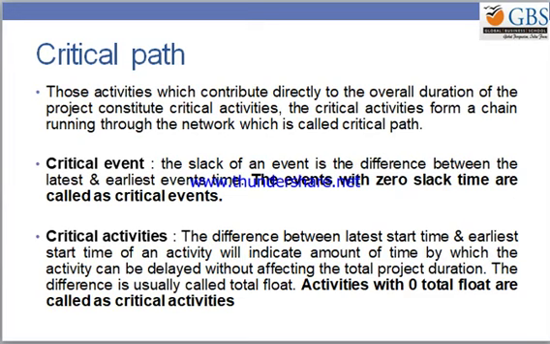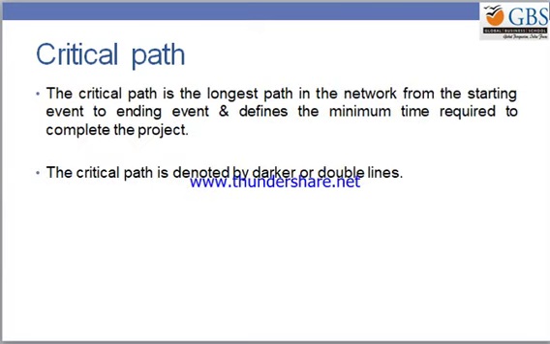Sometimes critical path is also defined as the longest possible path in the network diagram from starting event to ending event. It defines the minimum time required to complete the project. I'll repeat, I wanted the longest path, which is going to tell us the minimum time required to complete the project.